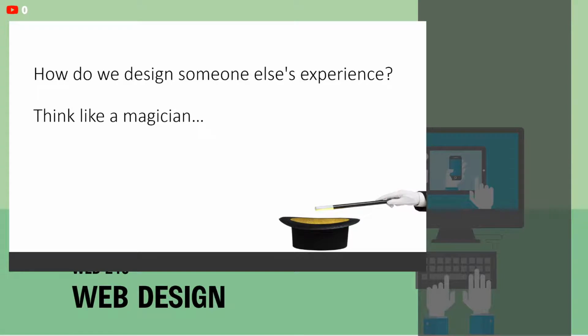And so if we were in a seated class together, this is where I would normally show you the Penn and Teller video that I have in the module. I have that nice little UX is like magic learning object in there that has the Penn and Teller video in it. I want you all to make sure that you watch that.